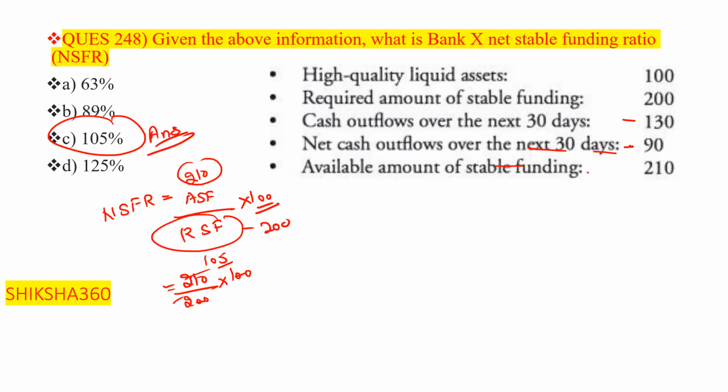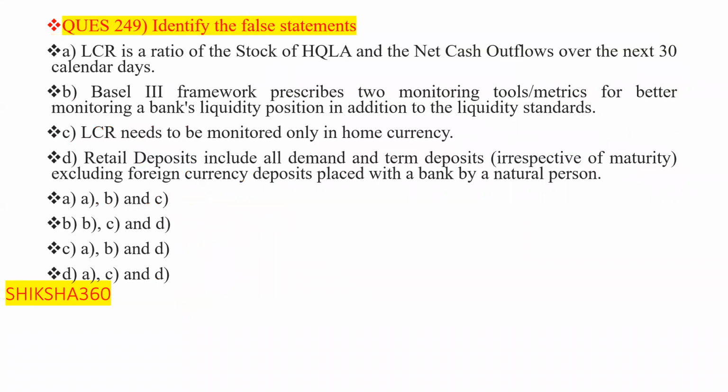Now move to the next question, a theoretical one, question number 249. Here we have to find the false statement. The first one: LCR is the stock of high quality liquid assets and the net cash outflows over the next 30 calendar days.